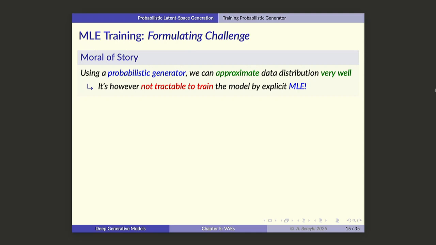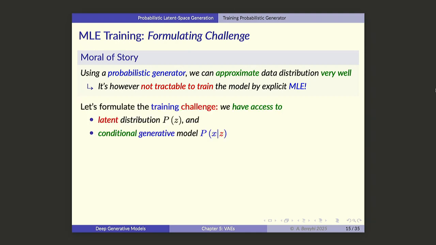If we want to understand variational inference, it's better that we put it into a non-computational context. I can represent the whole problem in this form. I can think of a statistics problem. I have access to one distribution, P of Z. This is my prior latent distribution that we had in our problem. I also know this generative distribution, P of X given Z. I also have access to that distribution.